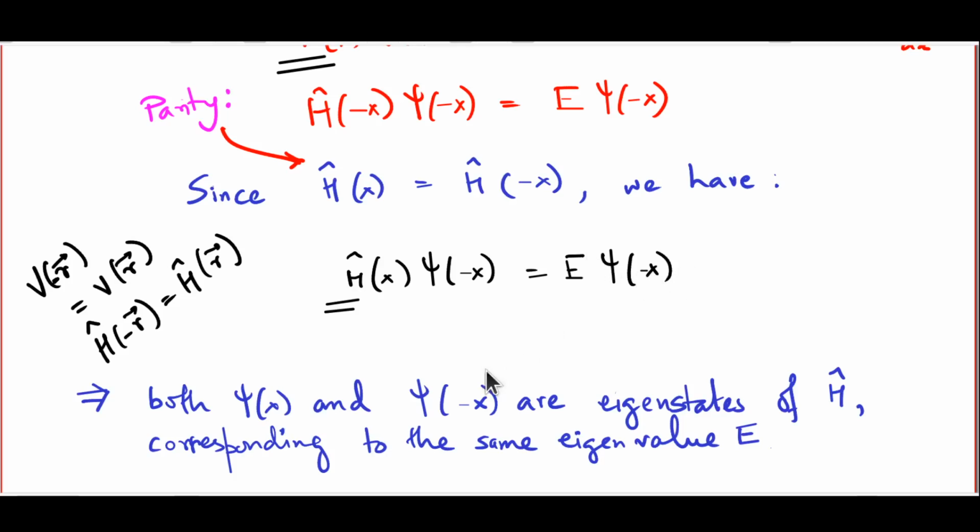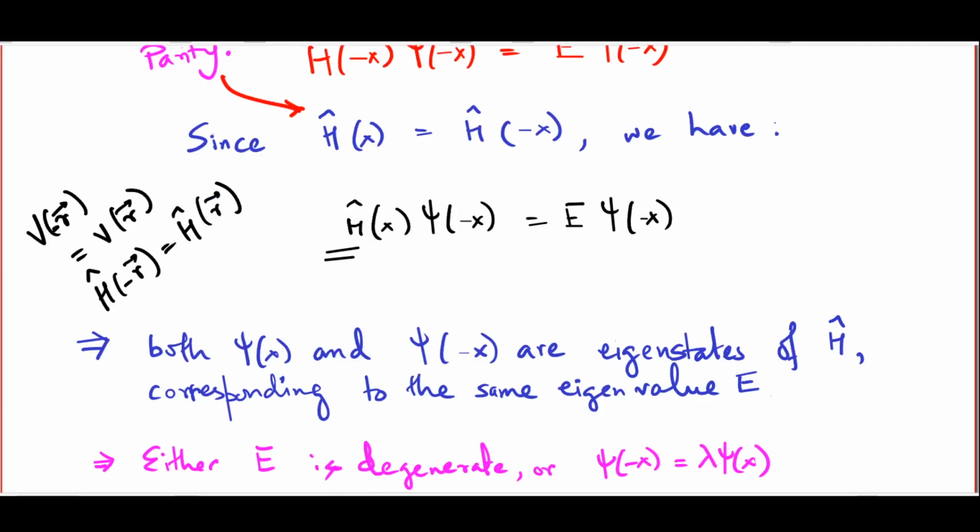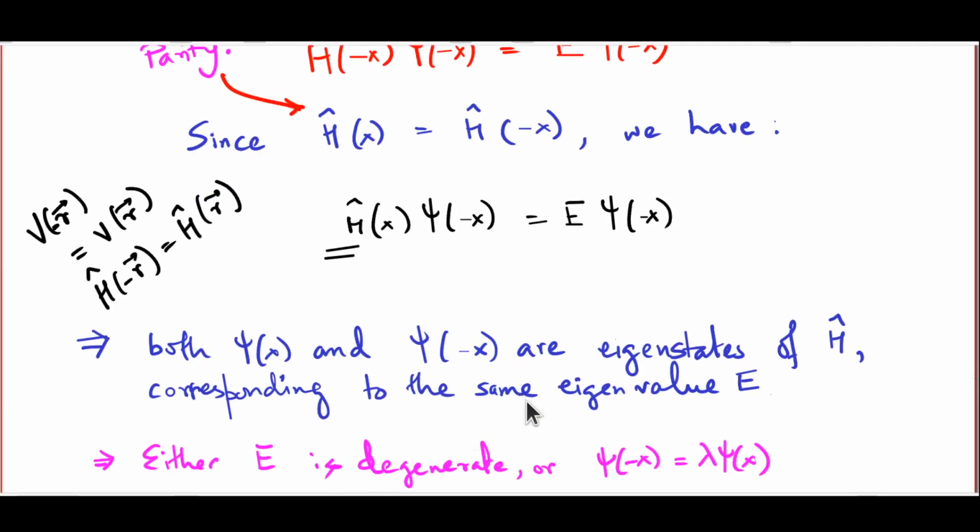Now coming back to 1 dimension, we have two possibilities here. One is that the eigenvalue E is degenerate, that is, psi(x) and psi(-x) are two independent wave functions corresponding to the same energy eigenvalue.